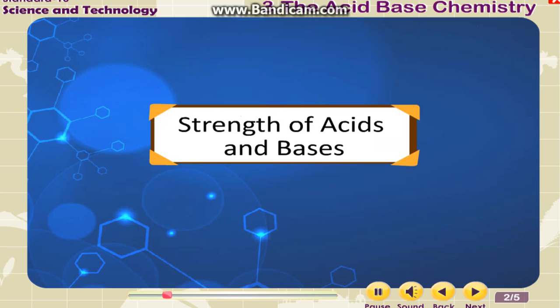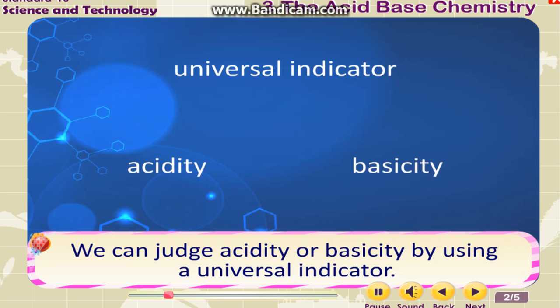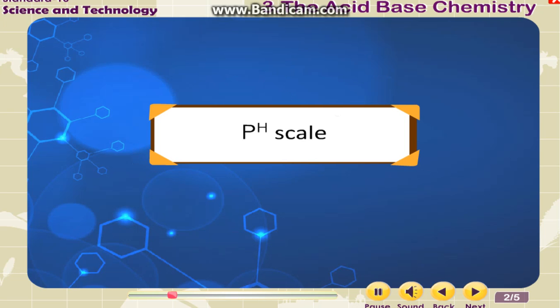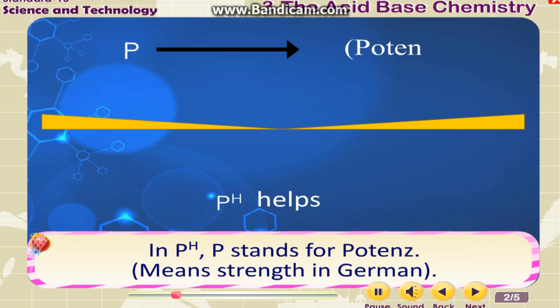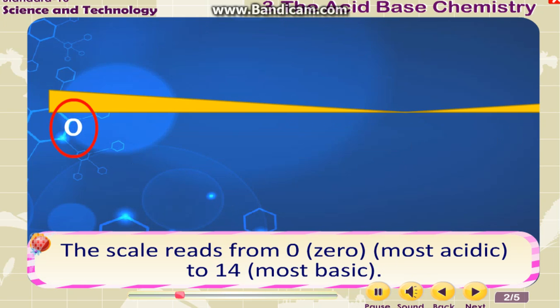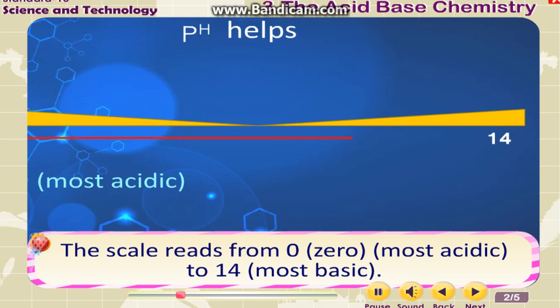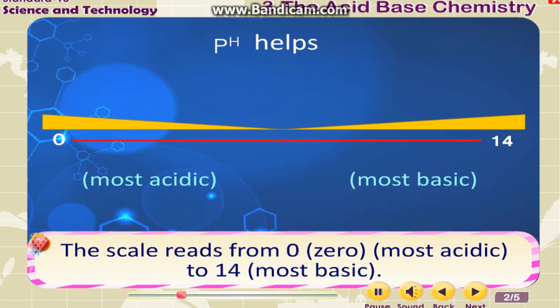Strength of acids and bases. We can judge acidity or basicity by using a universal indicator. pH scale. pH helps in measuring hydrogen ion concentration in solutions. In pH, P stands for potens, means strength in German. The scale reads from 0, most acidic, to 14, most basic.